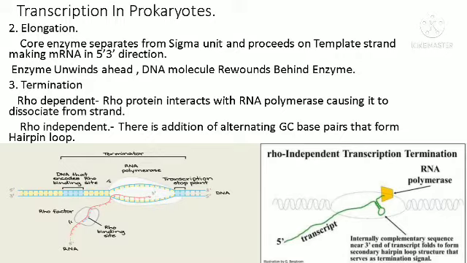So once the RNA polymerase reaches the stop sequence, which is usually a GC region, it slows down. And when it slows down, the Rho factor will catch up to the RNA polymerase and interact with it.